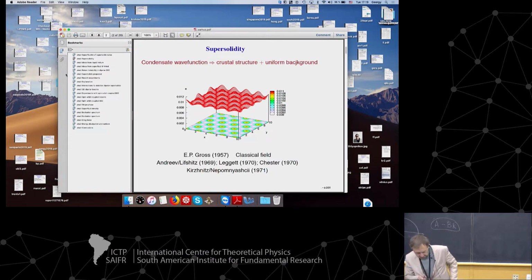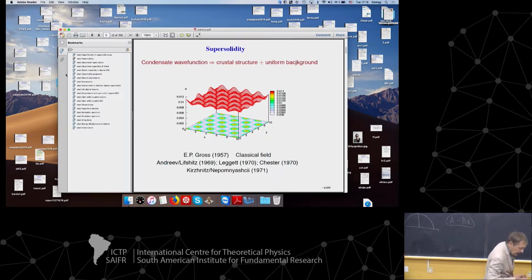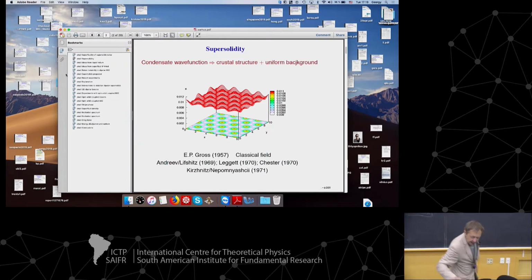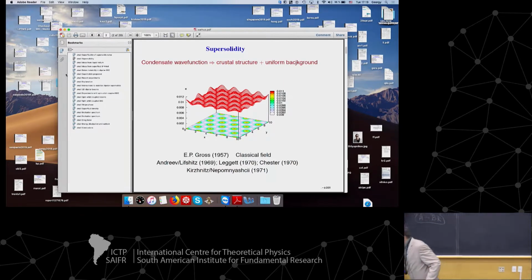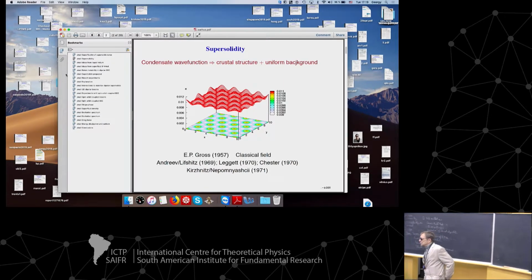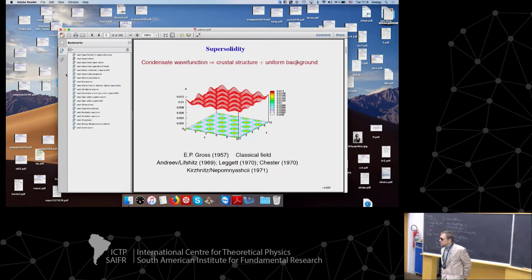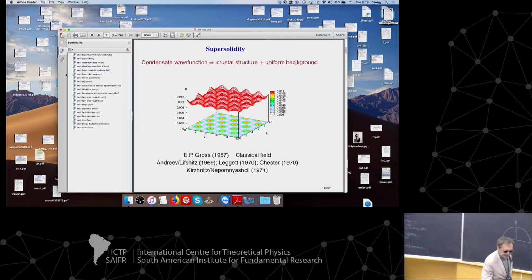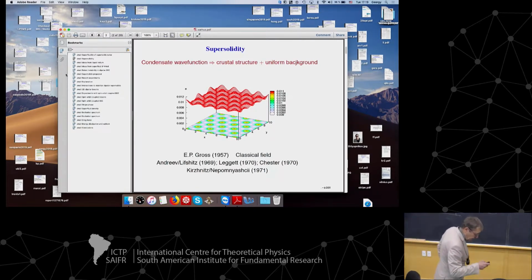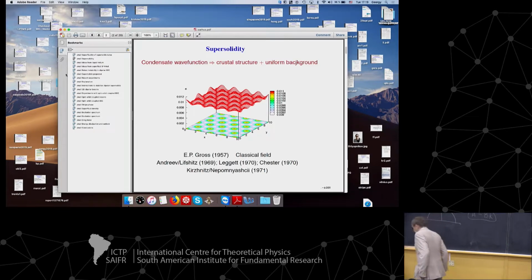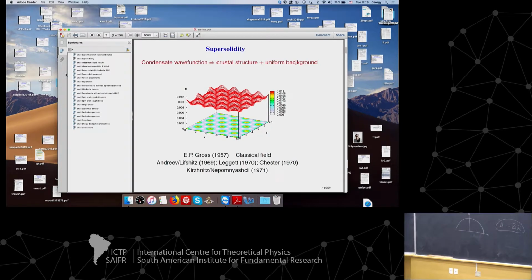What is a supersolid state? It has been predicted a long time ago. Actually, the first person who predicted the presence of such supersolid states is Gross, the same Gross as in the Gross-Pitaevskii equation. And this prediction was made in 1957, even before writing down the Gross-Pitaevskii equation, because what he did, he considered classical field equations.